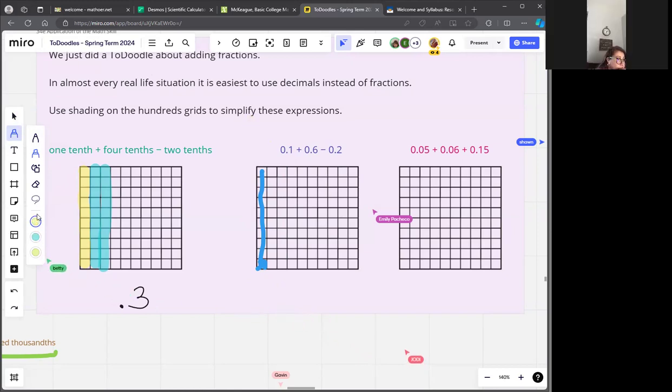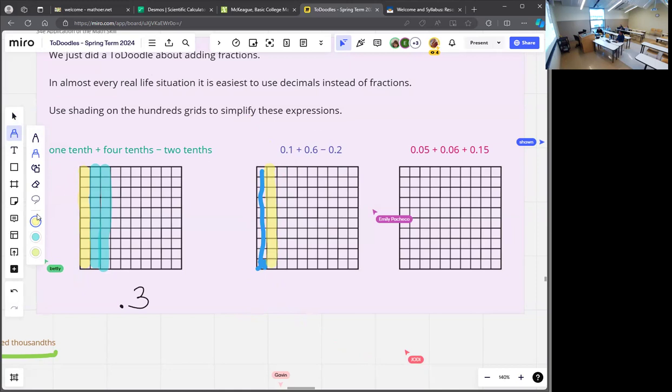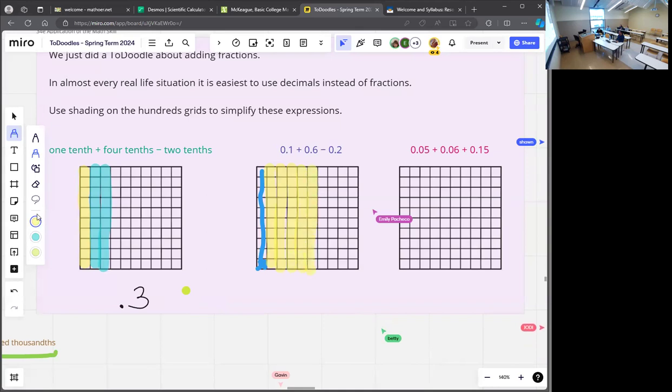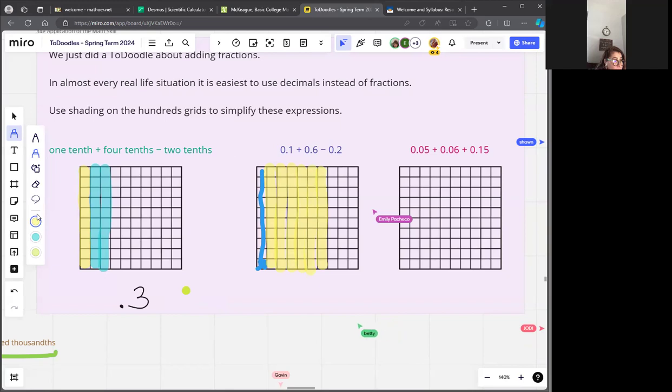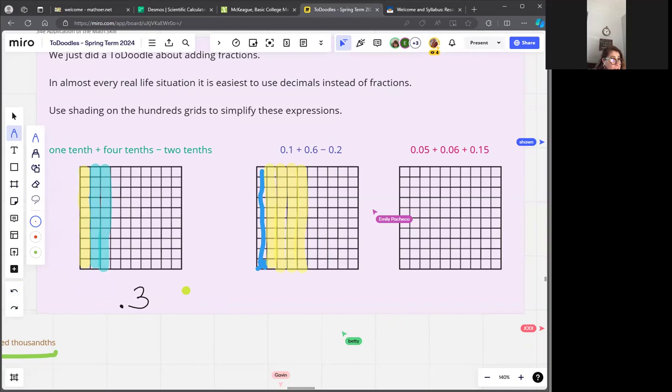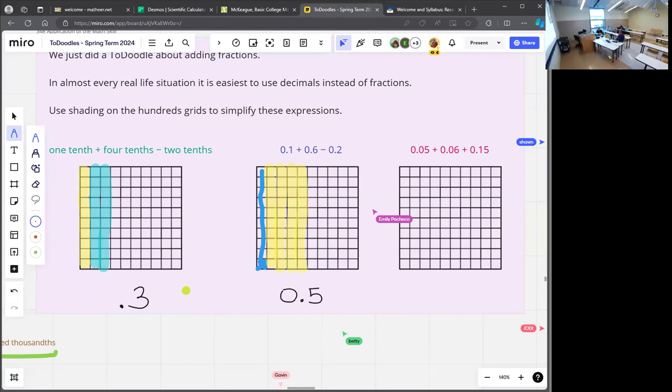So 1, 2, 3, 4, 5, 6. Okay, minus 2, take away 2 of them. There goes 1/10. So how many tenths do we have still shaded? 5/10. Maybe you know that 0.5 is a half.